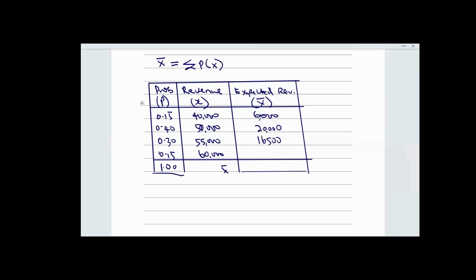Next, 9,000. Add everything together: 6,000, 26,000, 42,500, 51,500. So this is expected revenue.